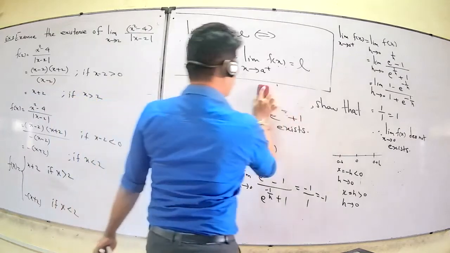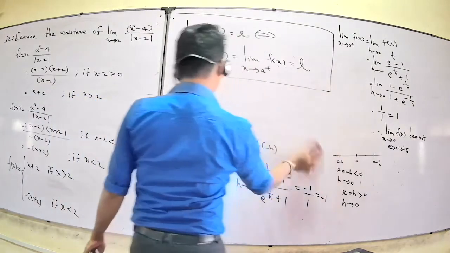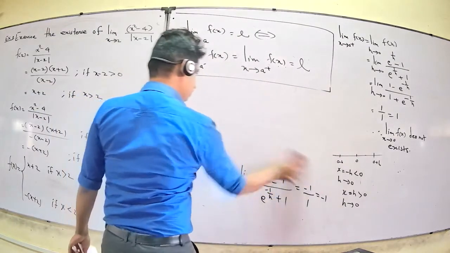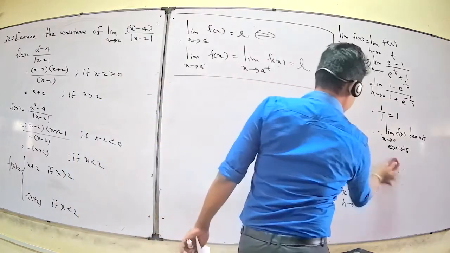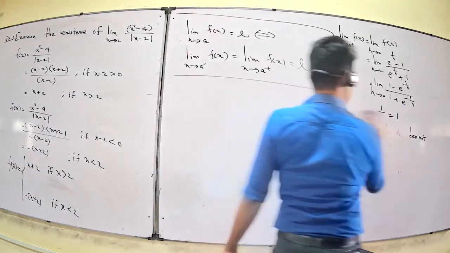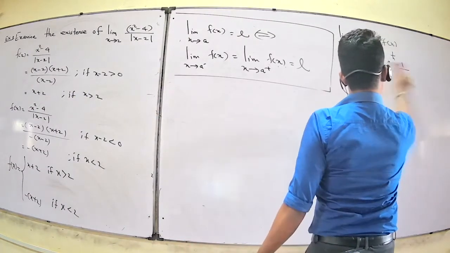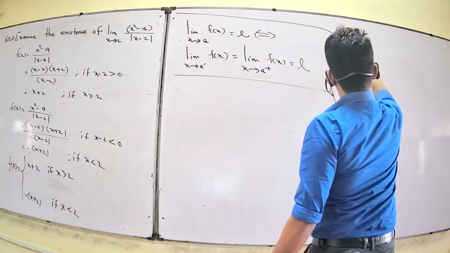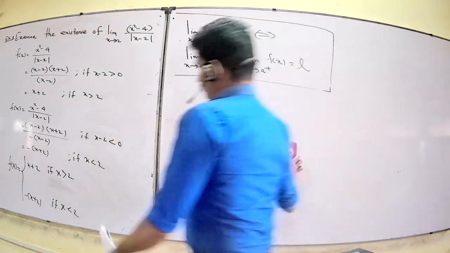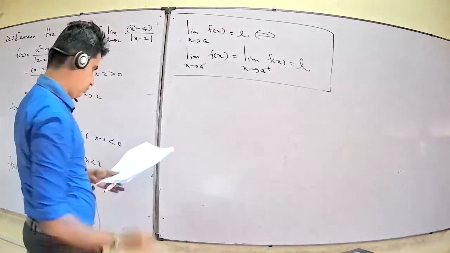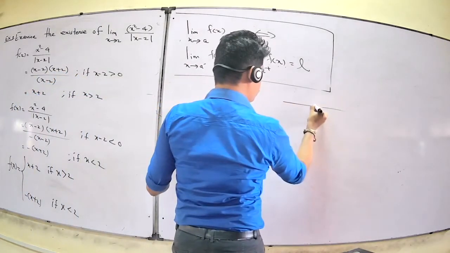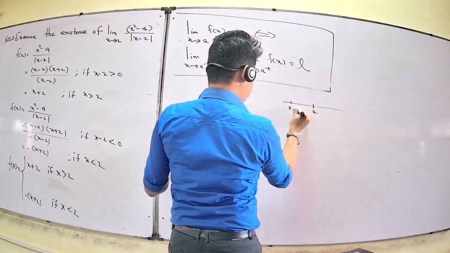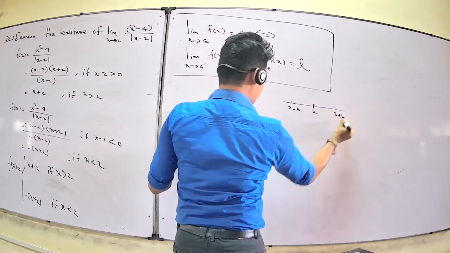Now you want to find the left limit and right limit. Okay. Here you have 2, then you can take here 2 minus h, and 2 plus h is positive.